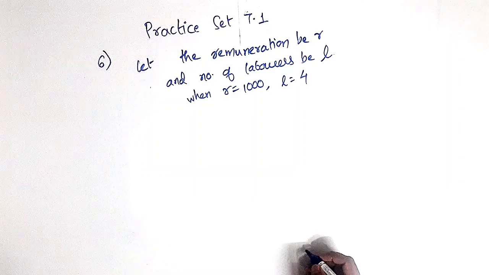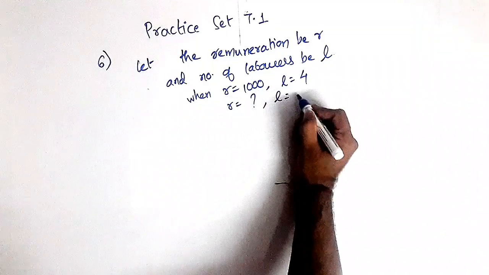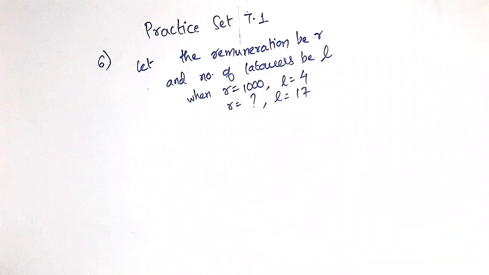Find the remuneration of 17 laborers. So R is equal to question mark when L is equal to 17. When the number of laborers is 17, we have to find the remuneration.